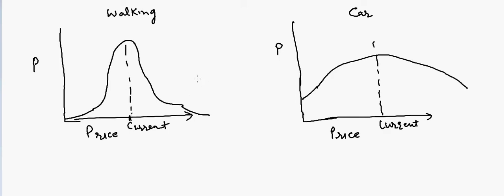Now suppose you are someone who wants to sell a put option. You can say the scenario is that if I sell a put at this point, then it is very unlikely that the stock will go to this point, so I can sell a put here, right?